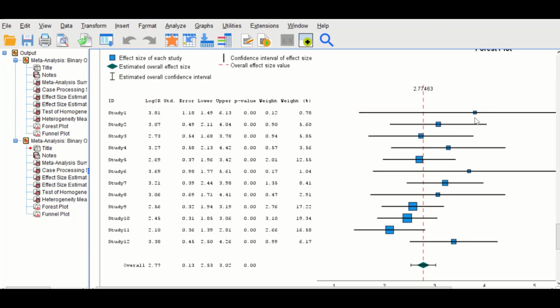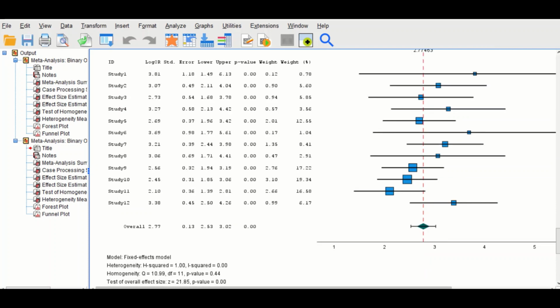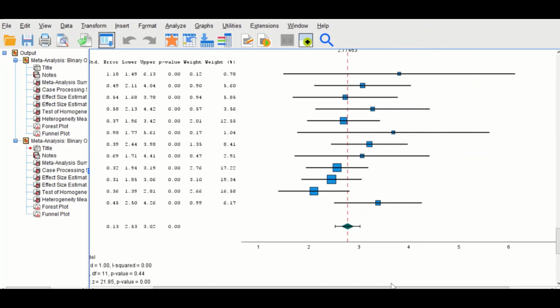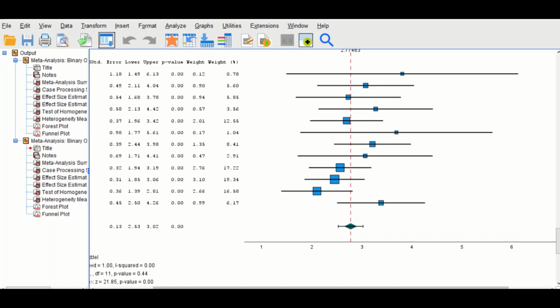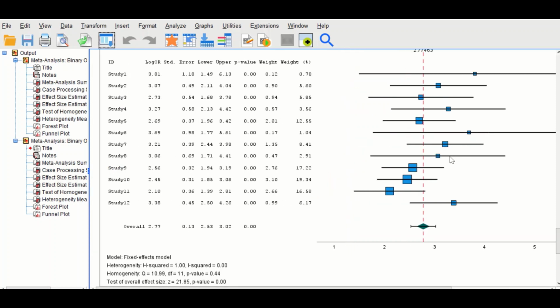So smaller squares mean the sample size is small, and larger squares represent the larger sample size. And the overall effect size or the overall odds ratio in this case is the green diamond, and it is on the scale of 2.77. This is the second section for the forest plot.